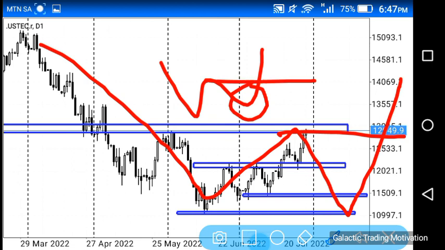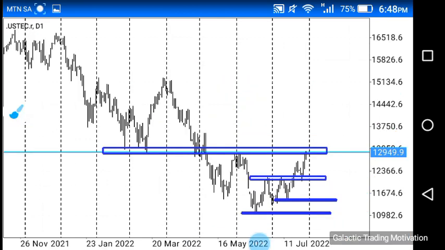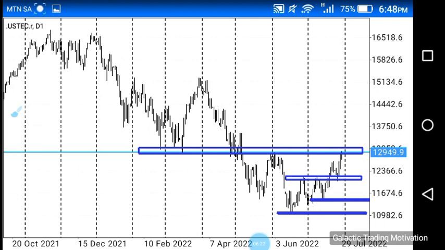So we would look for buying opportunities should price come back to around this level, right? I'm not saying that we should just buy by virtue of price being at this level. I'm saying that we should look for possible buying opportunities at this level where we have the second leg of that W structure, right?